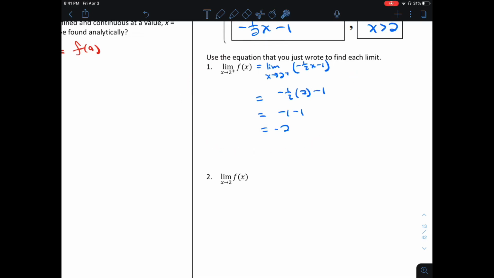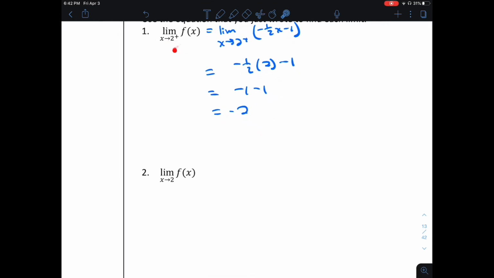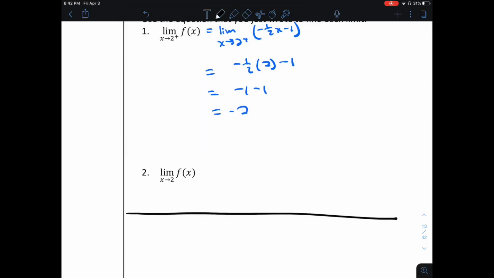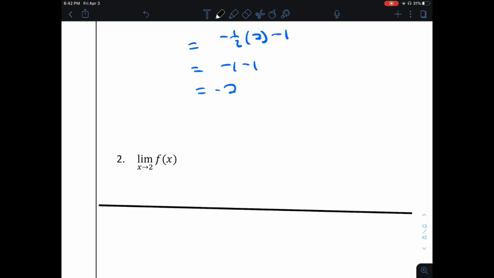This next one, we're supposed to approach 2 from both sides, the left and right. We've already done it from the right up here. If you recall the limit existence theorem that we had yesterday, for a two-sided limit to exist, the left and right limits have to agree. Well, we've already found the right-sided limit here. So let's do some work down here. Let me write down what we're trying to accomplish.